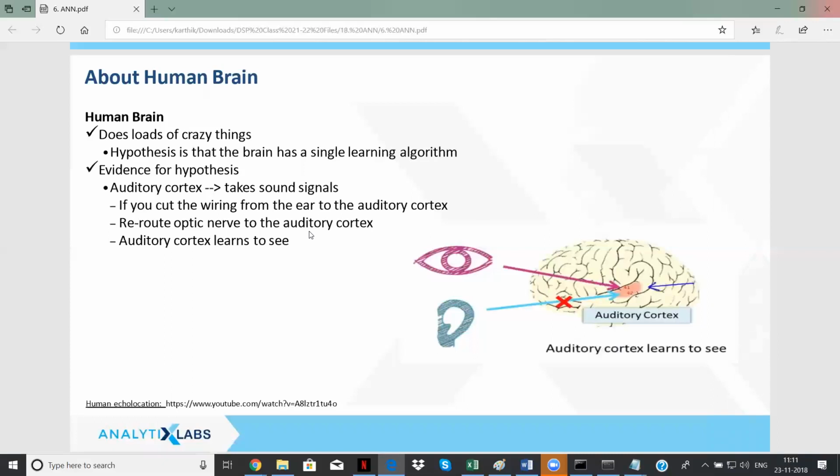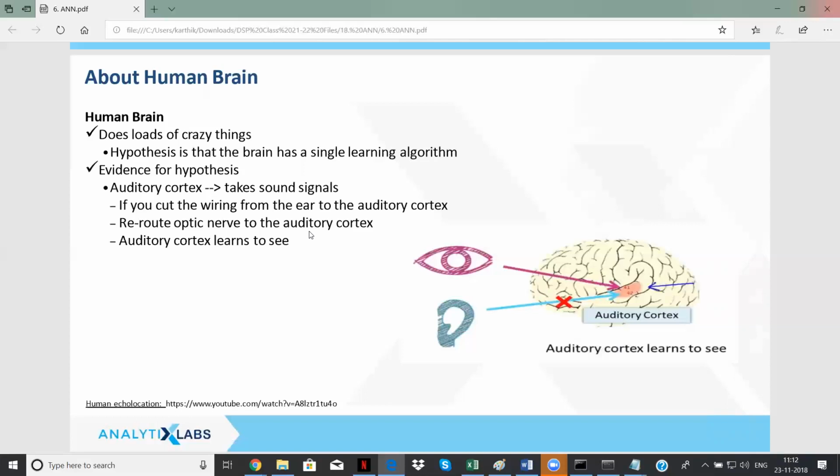Let's say I disconnect my ears, and somehow change the wiring and connect my eyes to my auditory cortex. The funny thing about the human brain, or any system of nerves, is that after a few days the eyes will lose their optical ability, and using my eyes I can hear things. Sounds strange?